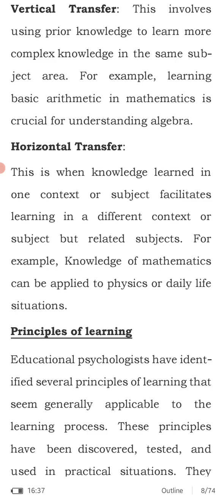For example, knowledge of mathematics can be applied to physics or in daily life situations, so that is horizontal transfer. They are different contexts or subjects, but the knowledge acquired in one can be applied in another. This is different from vertical transfer, which involves using prior knowledge to learn more complex knowledge in the same subject area.